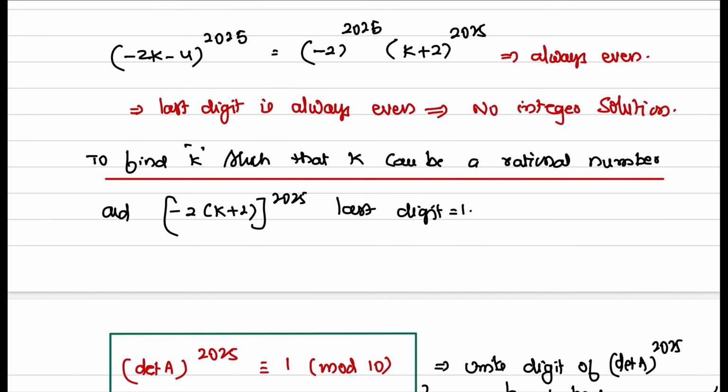Hence, there is no integer solution for k. If k is an integer, it is always even. Hence, there is no integer solution.